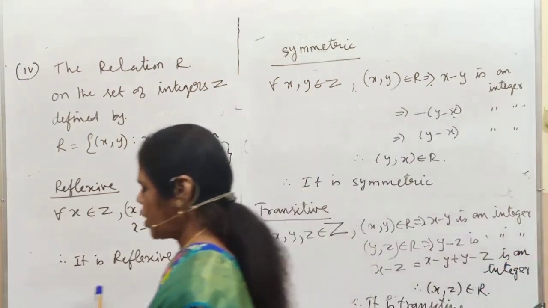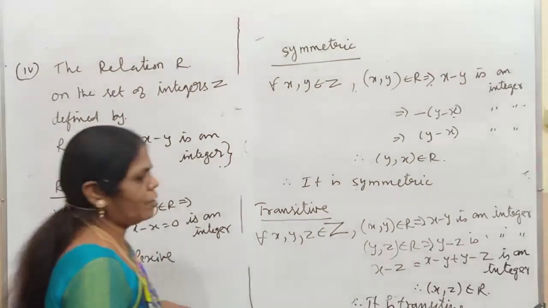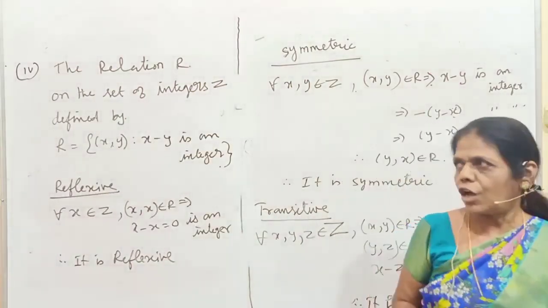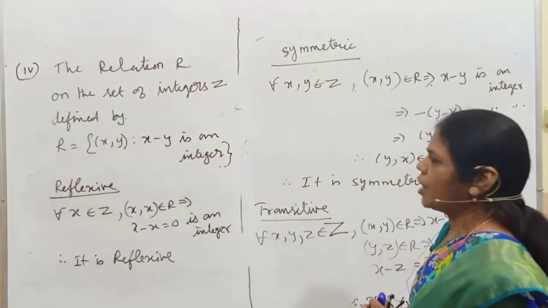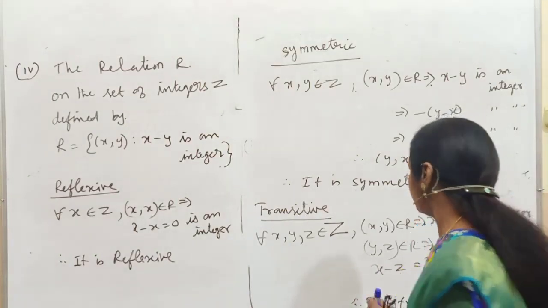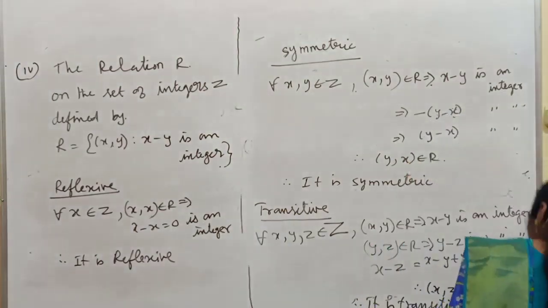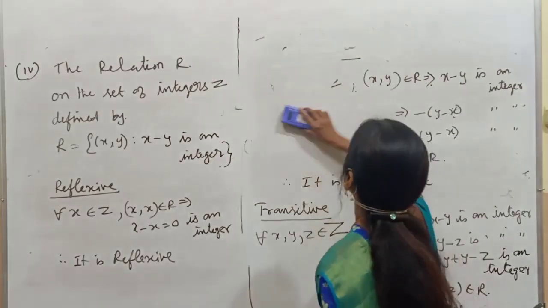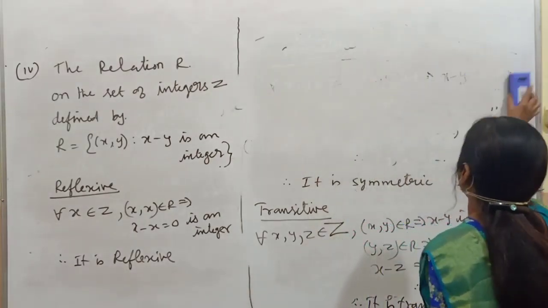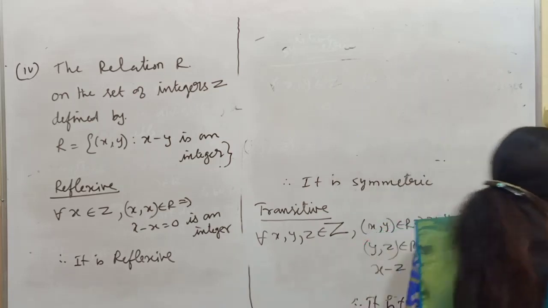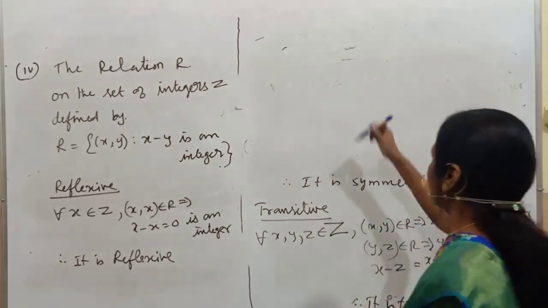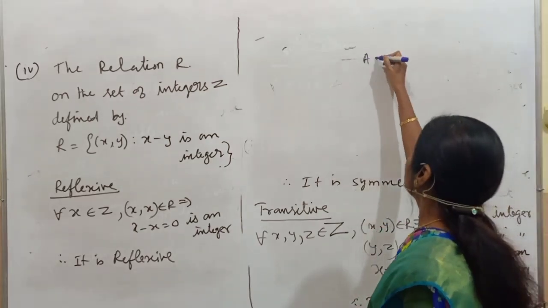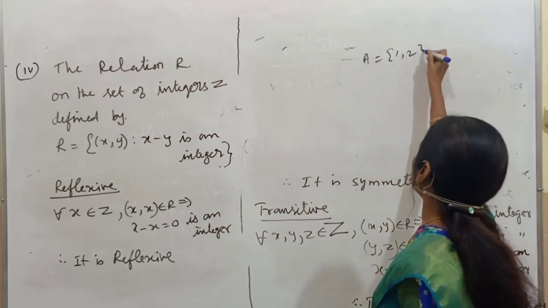Right. Now we are going for the next type. All of you understood this? Any doubt in this, children? Right. Now listen. What example yesterday I gave for transitivity, I don't know. So remember that again. If A equal to 1, 2, you can take that also.